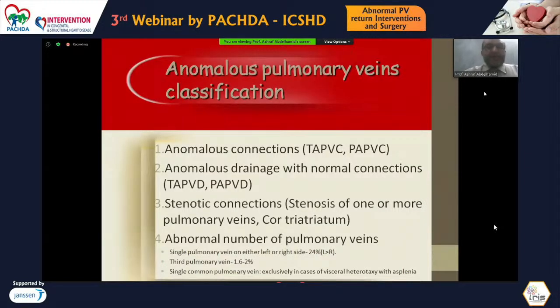It is a very complex topic, because it includes many forms: anomalous connections, either total or partial, anomalous drainage, either total or partial, stenotic connections, stenosis of one or more of the pulmonary veins, cor triatriatum, or an abnormal number of pulmonary veins. However, this last one usually does not need any surgical intervention.